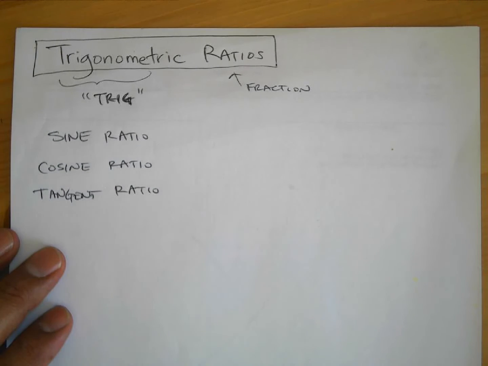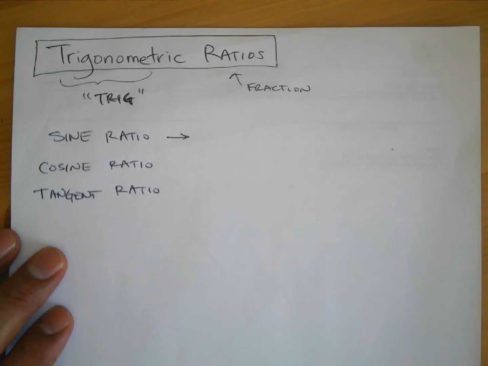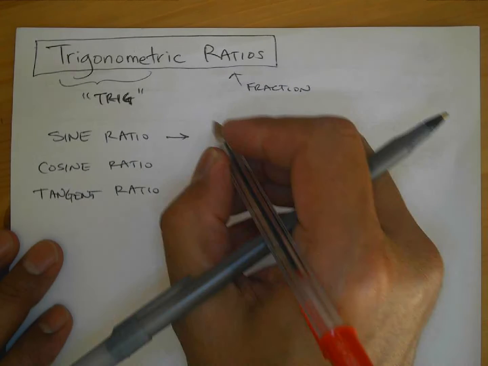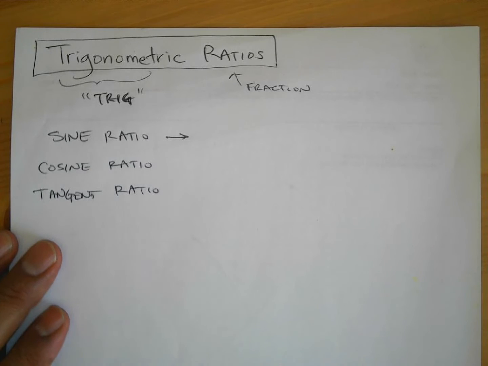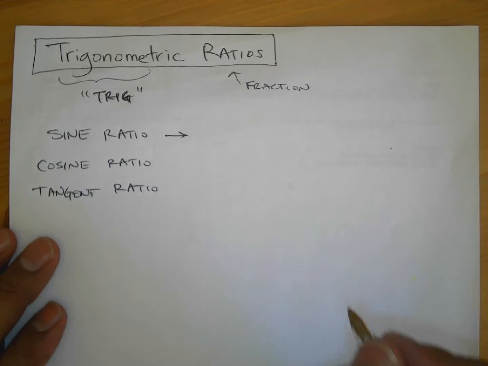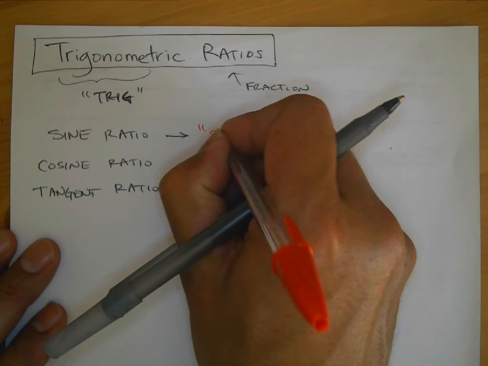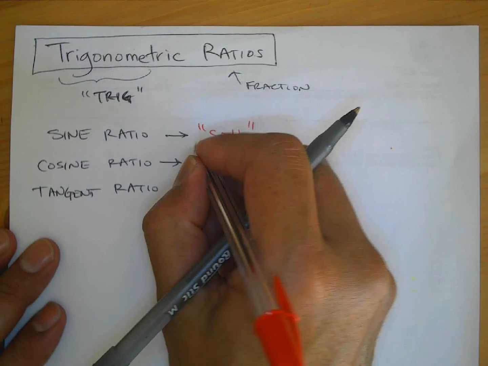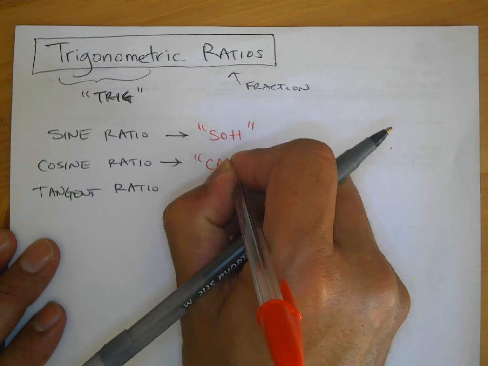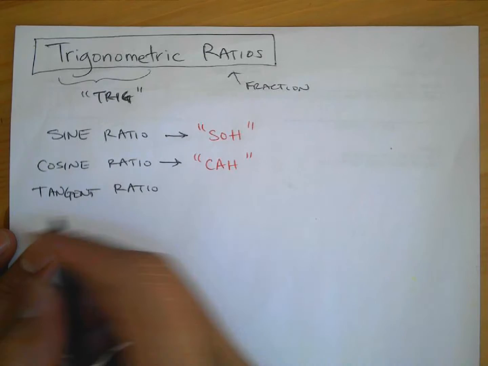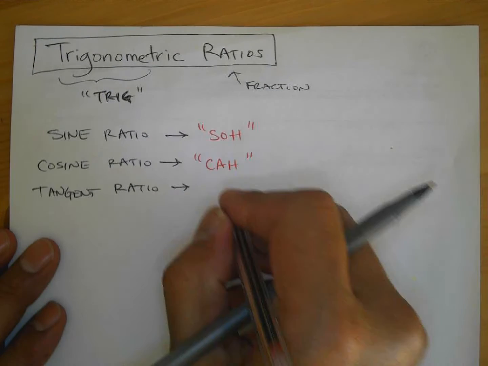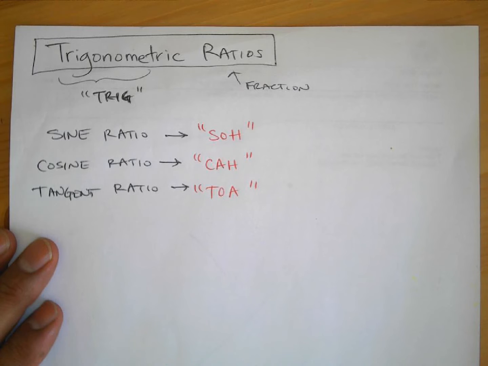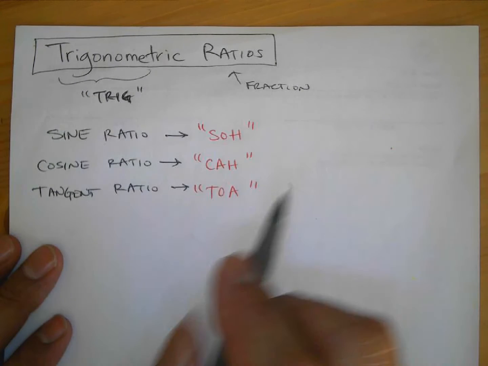And for those of you that remember, for sine, you hopefully remember this little acronym: SOH, and then for cosine it was CAH, and then for tangent it was TOA. Yep, that famous SOH CAH TOA.